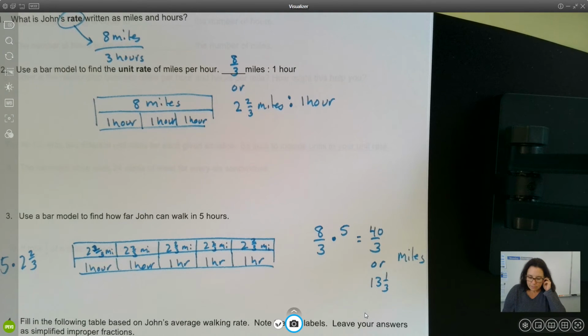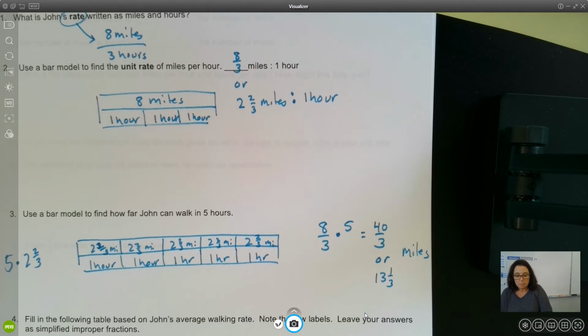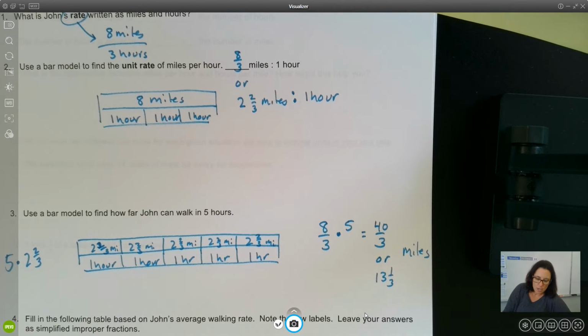All right, fill in the following table based on John's average walking rate. Note the row labels. Okay, so this is hours. This is miles. Leave your answers as simplified improper fractions. So if he doesn't have any time, he's not going to go any miles. 1 hour, we already said, is 8/3. If we multiply this by 2, wouldn't that be 16/3?